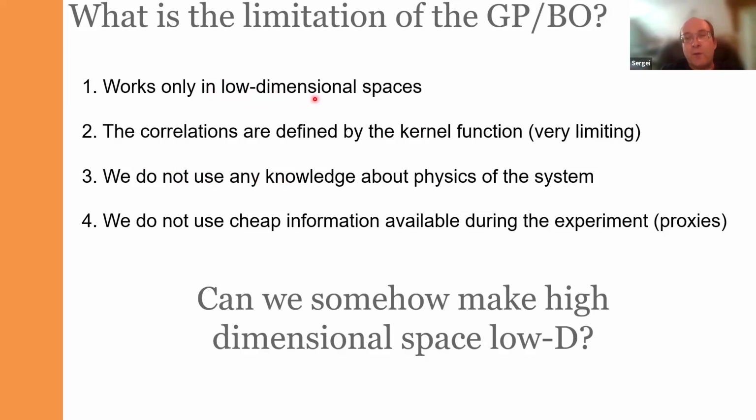Now we are going back to the discussion of the space over which the algorithm operates, as opposed to the reward function. We assume that the correlations are defined by the kernel function. We don't use any knowledge about the physics of the system, of course, unless we use the structured Gaussian process. We don't use cheap information available during the process. So what can we do to explore high dimensional spaces?